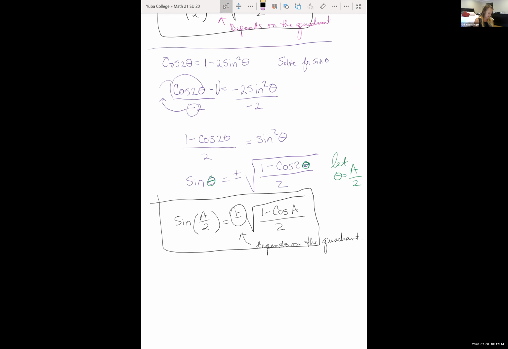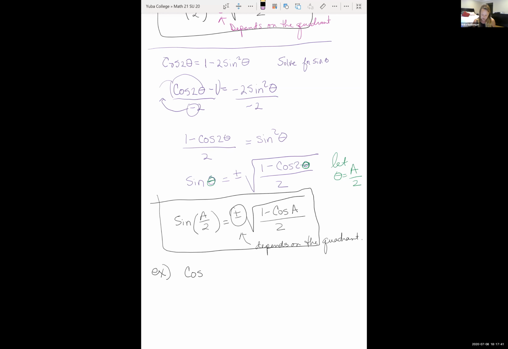So let's pull an example real quick. It says, use the half angle formula to find the exact value of each expression.